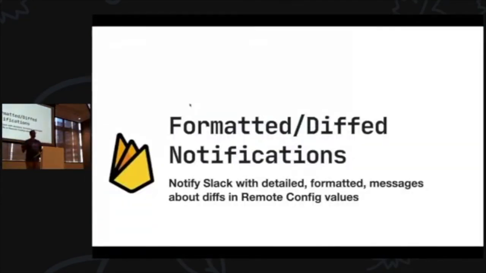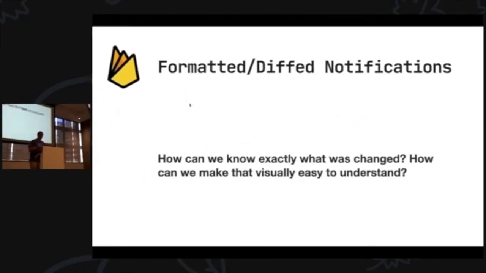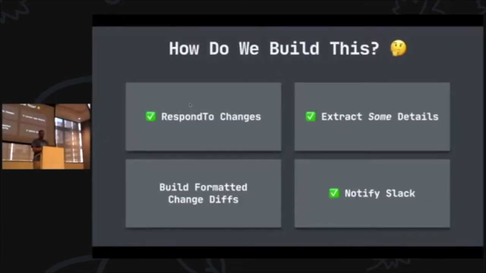So the next thing I want to look at here are better formatted diffs, basically. We want to better answer this question, what exactly changed and what does that mean for us? Basically putting as much information about the change as we can into that Slack notification. And so again, we'll come back to this question of how do we build this?